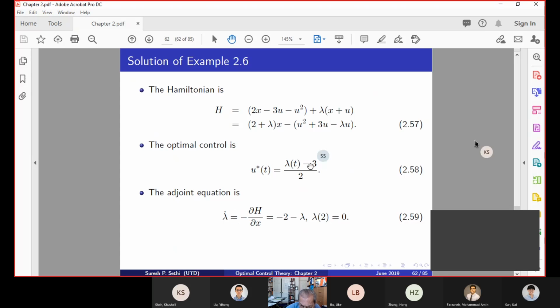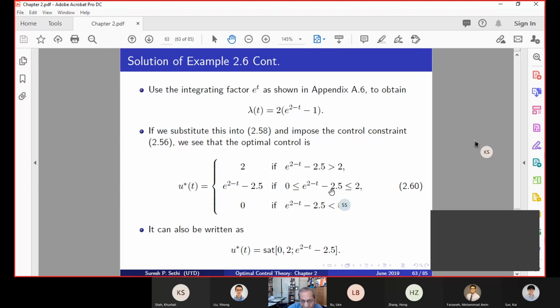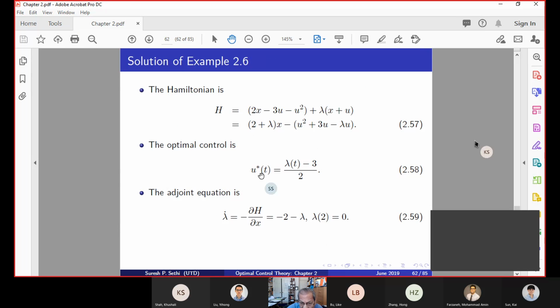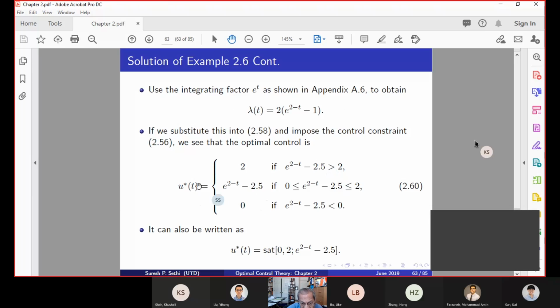You integrate on both sides, and this gives you a log. This is just the integral of dt, and then you can easily solve that as well. So there are two ways to solve it at least. So I have lambda t. I can put lambda t here and find u star t.